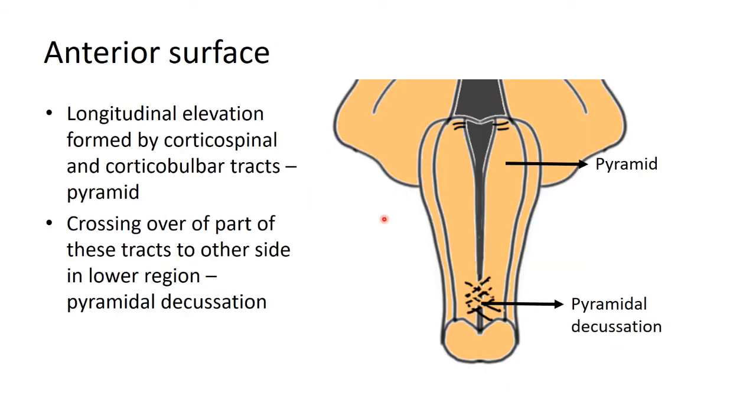Coming to the external features of anterior surface, there is a longitudinal elevation formed by corticospinal and corticobulbar tracts called the pyramid. Corticospinal are tracts running from cortex to the spinal cord, and corticobulbar are tracts running from the cerebral cortex to the medulla oblongata.